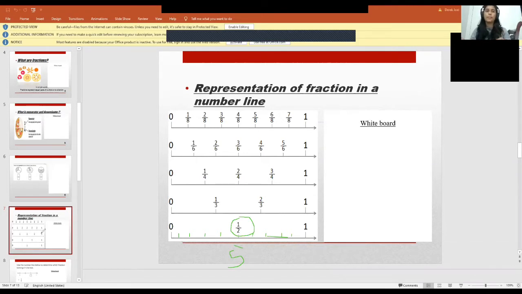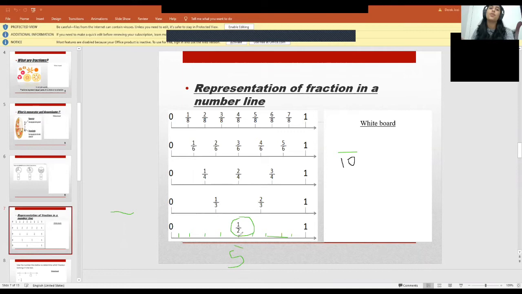Let's see how. So how do you write a fraction? First let's go to the whiteboard. First you draw a line. Now let's count the total equal parts so that we can write them as a denominator. So like I told, it has 10 subdivisions, so we write 10 below the line as the denominator.